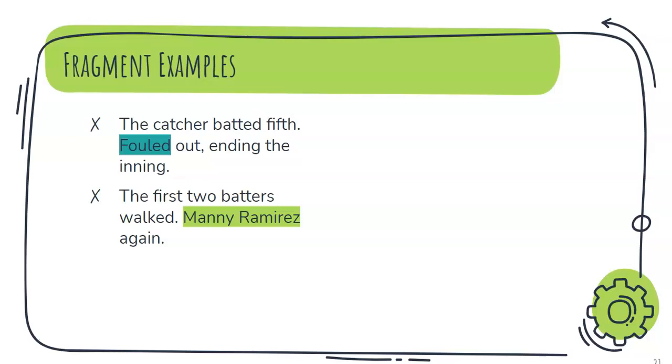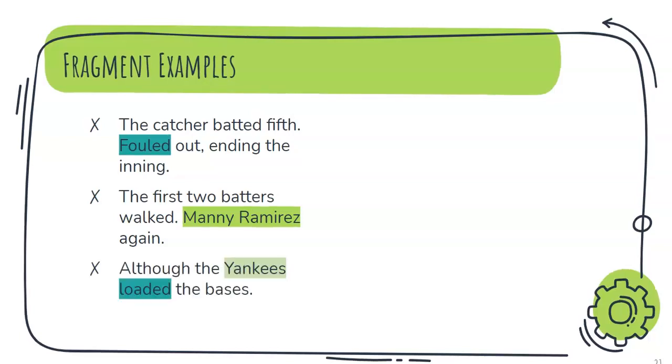Was he the pitcher? Was he one of the batters? I don't know. This last example starts with kryptonite. Although the Yankees loaded the bases, we have a subject, Yankees, and a verb, loaded, but this although at the beginning implies something happened afterward, and this fragment just leaves us hanging.